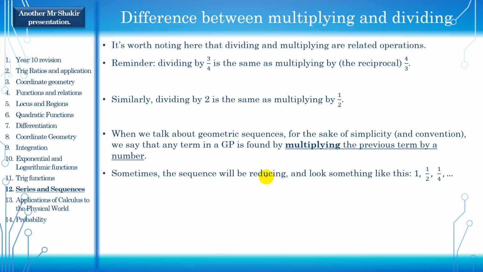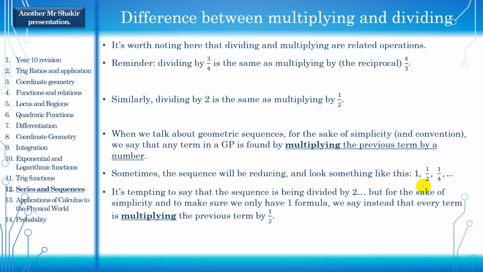So sometimes the sequence will look something like 1, half, a fourth, and we know clearly that it's dividing, like it's going half. But we'd say it is multiplying by half. We don't say it's dividing by 2, right? We say it is multiplying the previous term by half. Just something for you to keep in mind. We will always say multiplying. All right. Dividing by 2 is the same as multiplying by half.